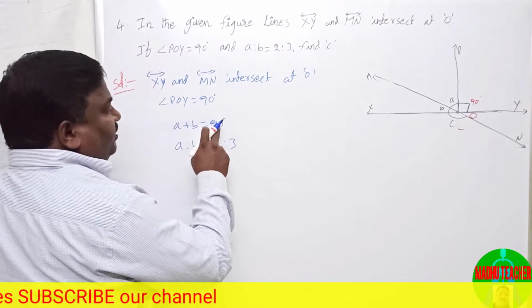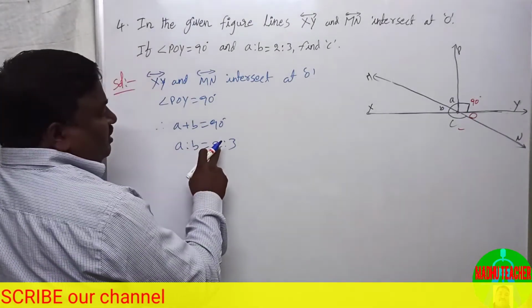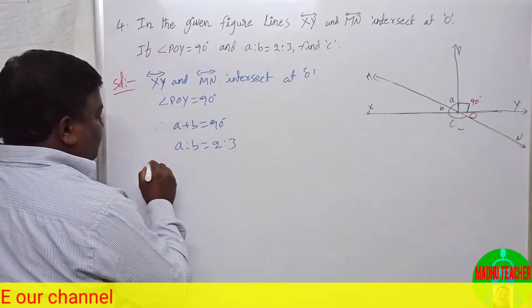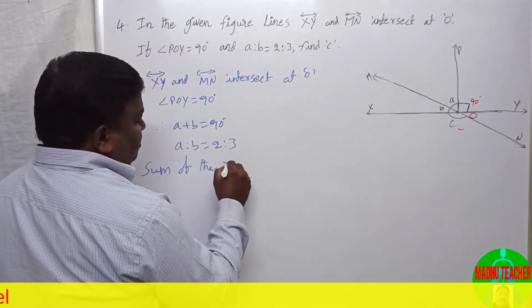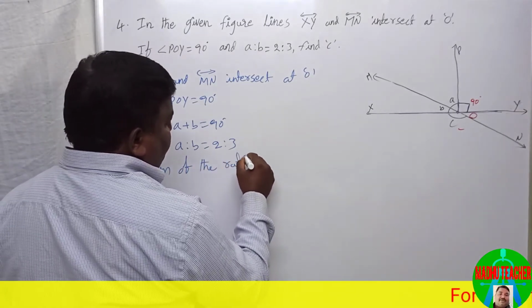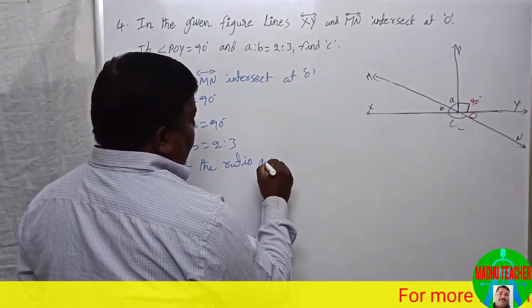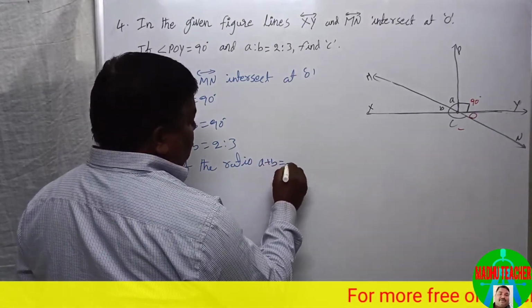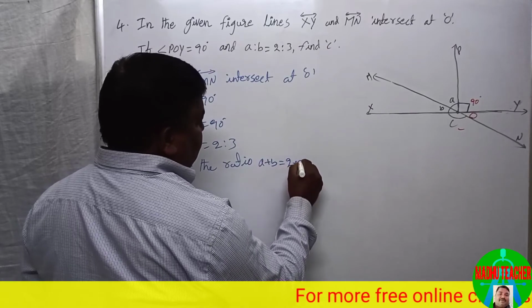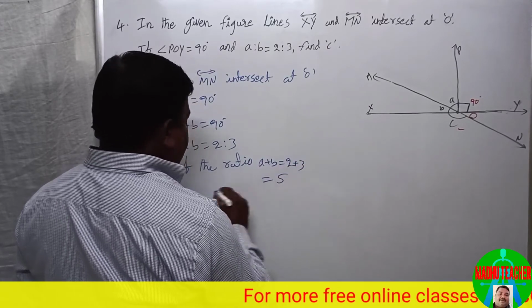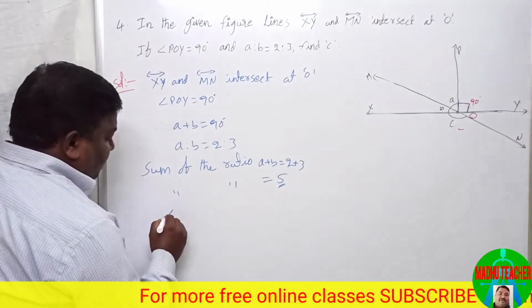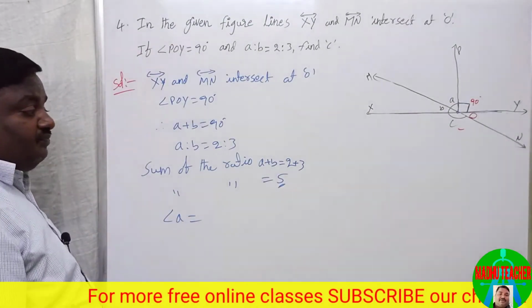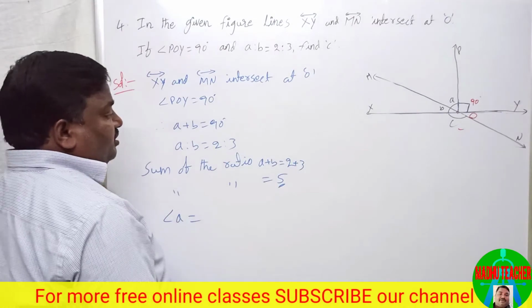To divide 90 in this ratio, you have to first find the sum of the ratio. The sum of the ratio is 2 plus 3, that equals 5. So angle A equals, how can you get A?